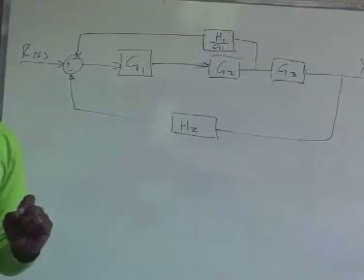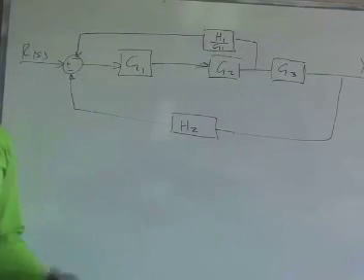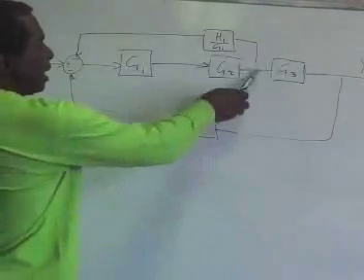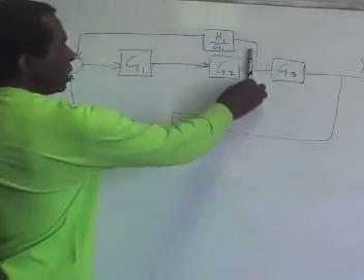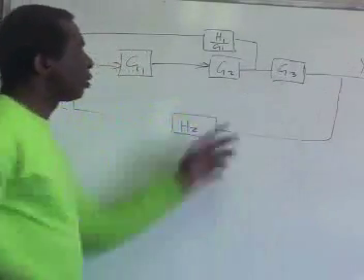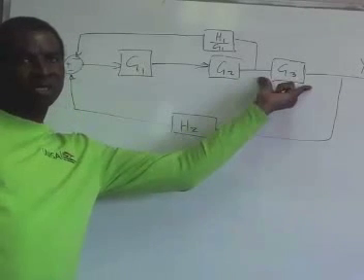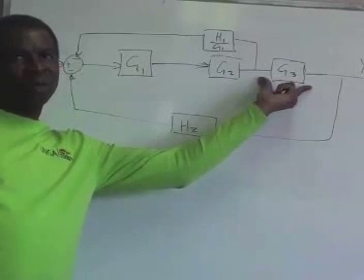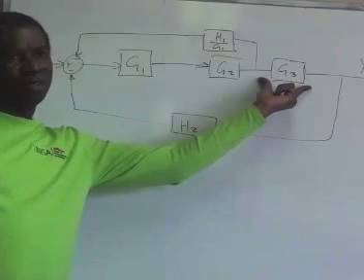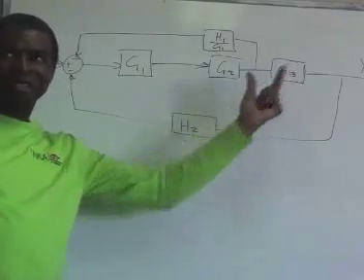With G2 or G3? Yeah, G3. Can you see that? This is my pickup point, without the G3. So it's picking the signal at this point. If I move it there, now the signal which I'm picking up includes G3. So what must I do? I must divide by G3. Can we see that?